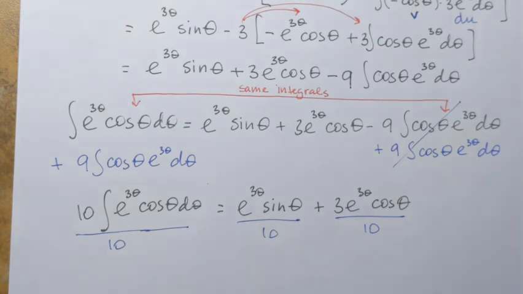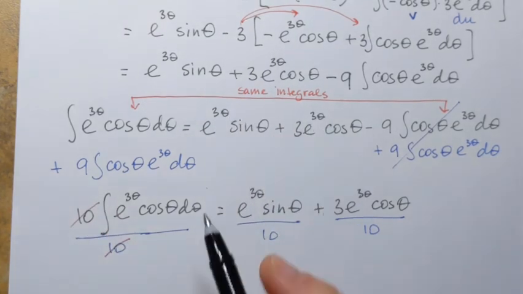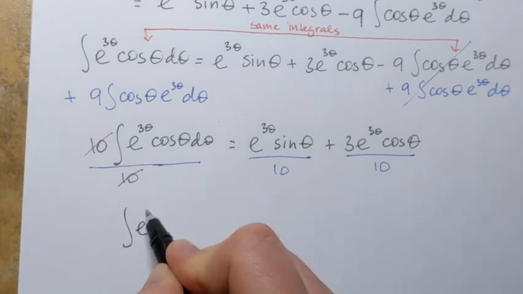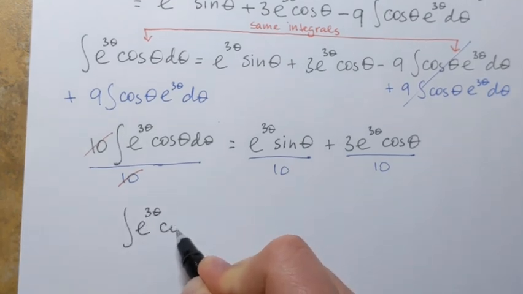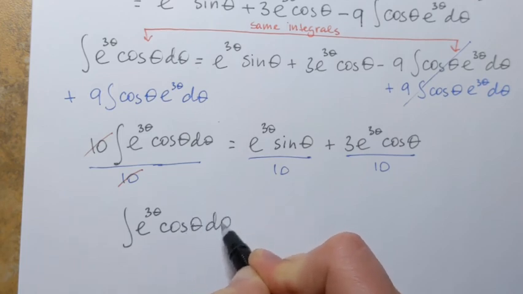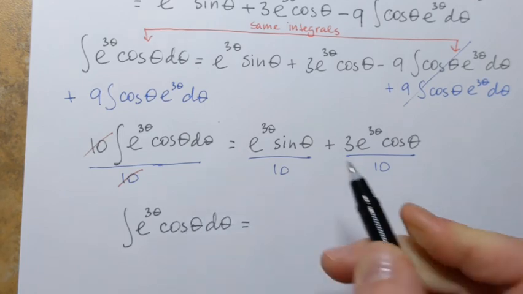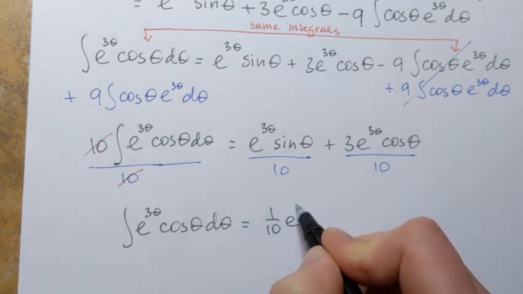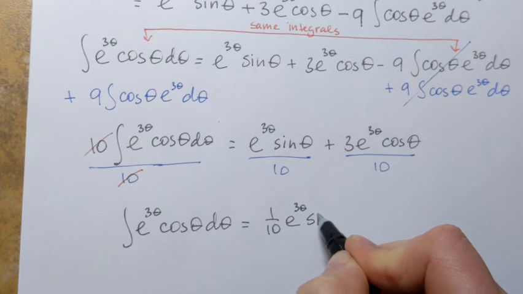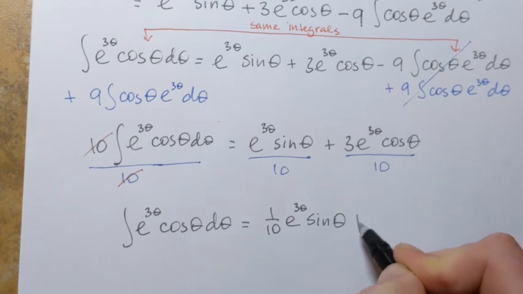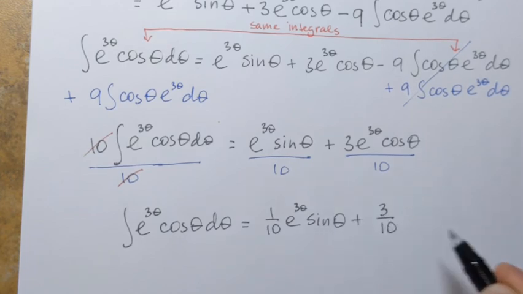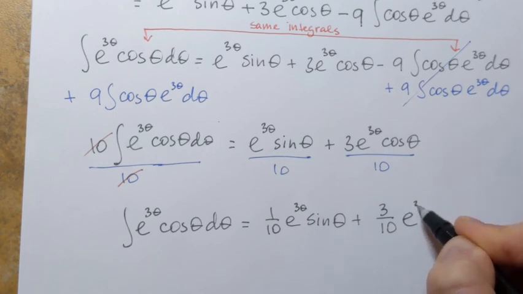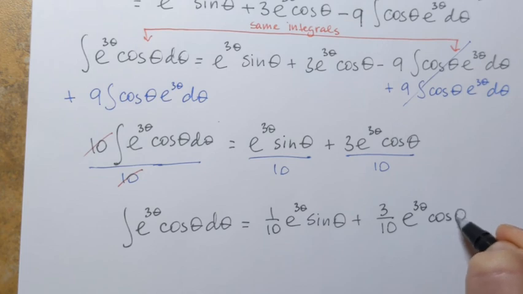So 10 cancels. I have integral e to the power 3 theta cosine theta d theta equals 1 over 10 e to the power 3 theta sine theta plus 3 over 10 e to the power 3 theta cosine theta.